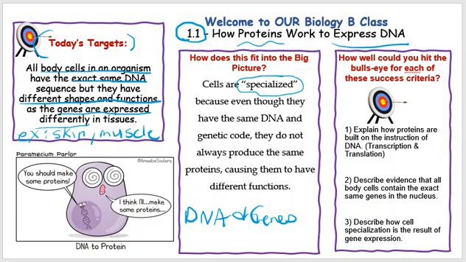So cells are specialized in different tissues because even though they have the same DNA, these are the words you need to highlight on your guided notes: even though they have the same DNA and the same genetic code, they do not always produce the same proteins, causing them to have different functions. So remember, it's the proteins that are made from the DNA that determine who and what we are and how we do it.